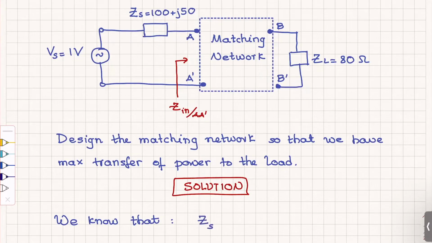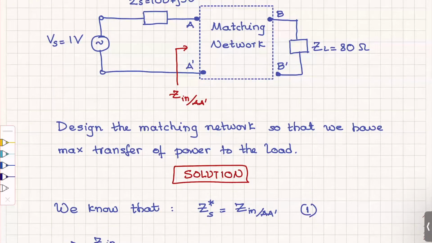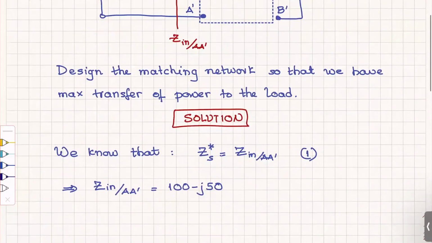Zs should be Z in at AA prime complex conjugate. All right, so we know, therefore, from this, from 1, we find that Z input at AA prime has to be equal to 100 minus j50. All right, so we know how much this impedance should be.